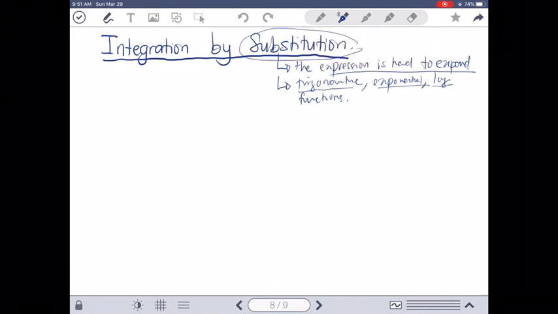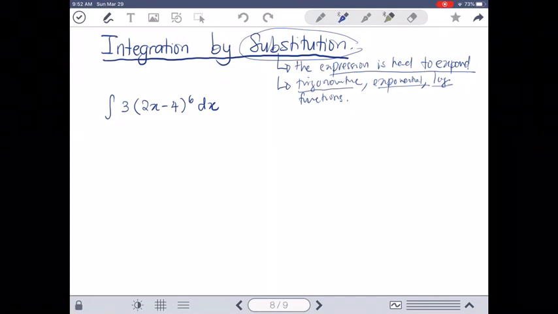The basic idea of integration by substitution, let's have a look. For example, we want to integrate 2x minus 4 to the power of 6 with respect to x.